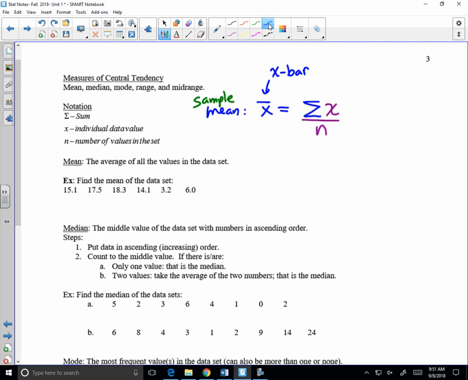So I'm going easy on the notation for summation. If you know anything about summation, it's very different from what I'm doing here, but this gets the job done. All right. So these are the collection of all X values and this is the number of values in this set.